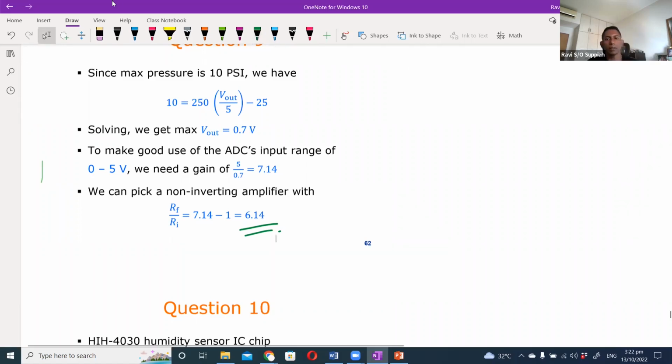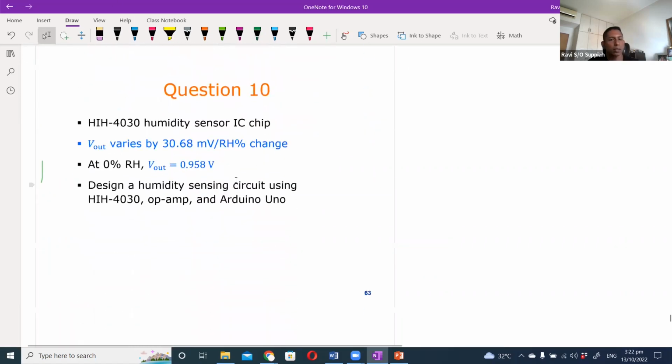Okay, so now the last question. We have a humidity sensor where the VR changes by 30.68 millivolt per relative humidity percentage. So at 0%, you get this value. We want to design a humidity sensing circuit using the sensor, op-amp, and Arduino Uno.